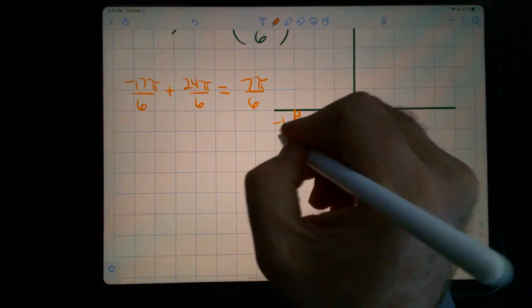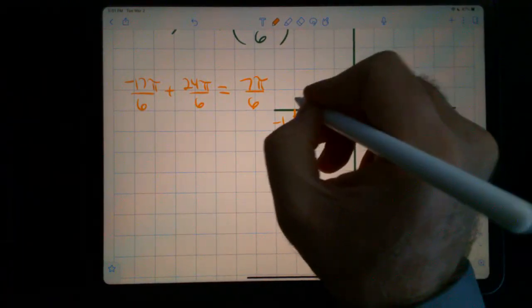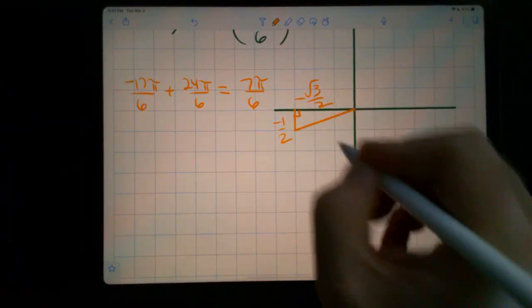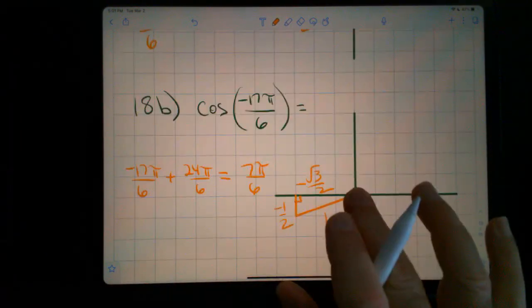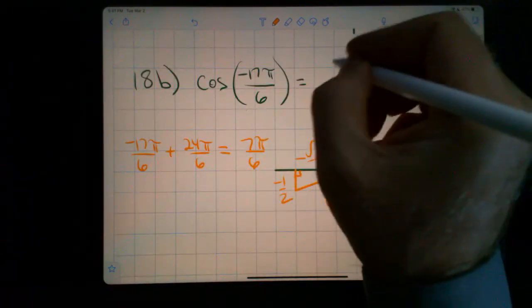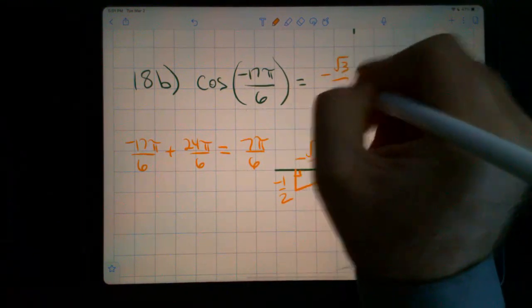So this is negative 1/2 in the y direction, negative radical 3 over 2 in the x direction. Your hypotenuse is positive 1. And here we want cosine, so this is going to be negative root 3 over 2.